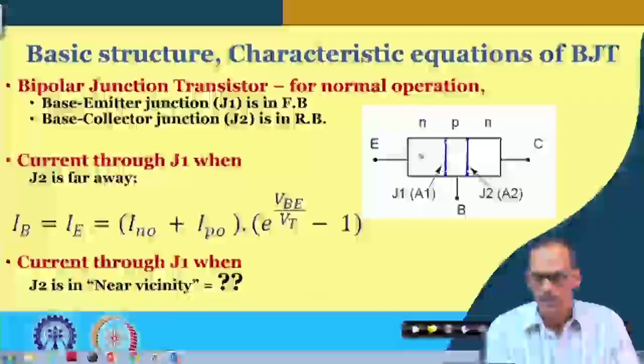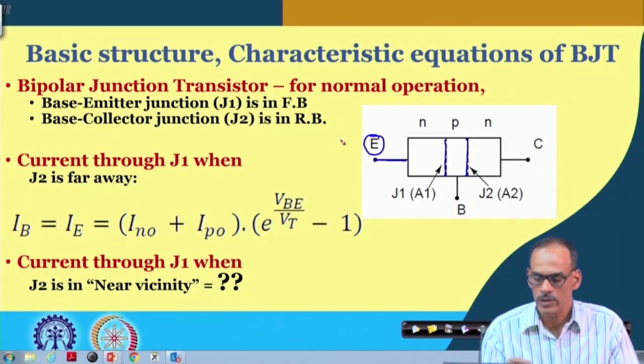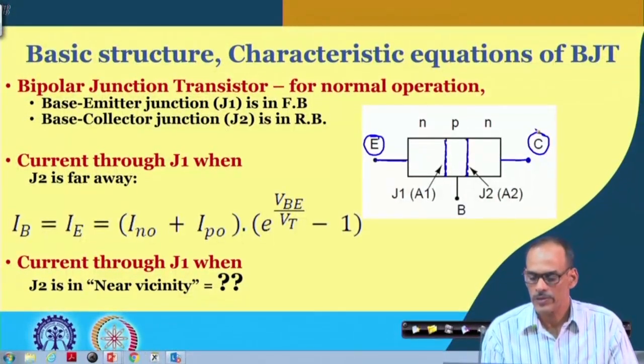In one N region we have an electrical connection called the emitter. Likewise, on the other side of the device, the other N region has a terminal called the collector terminal.